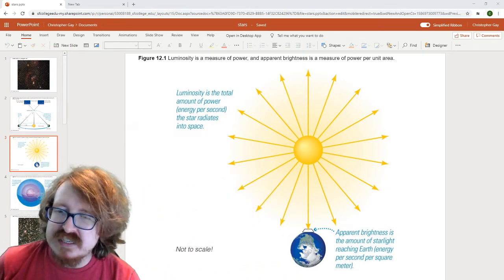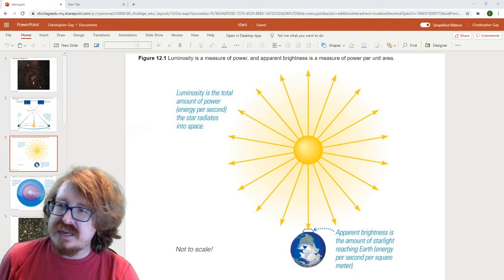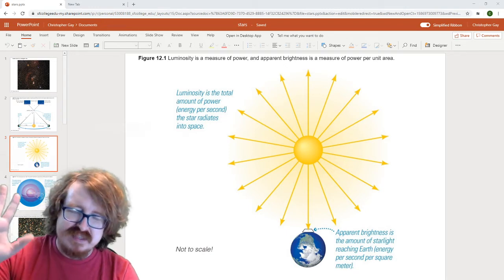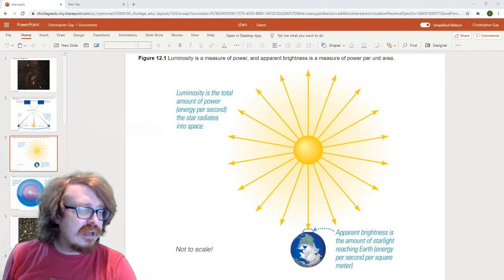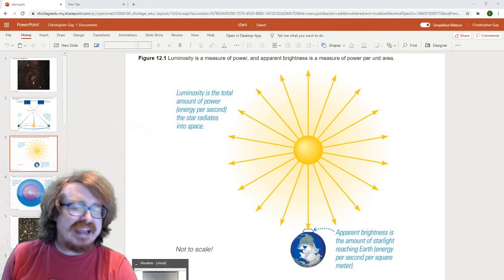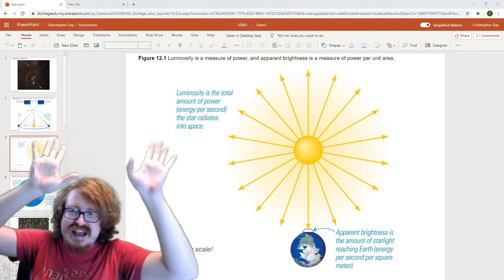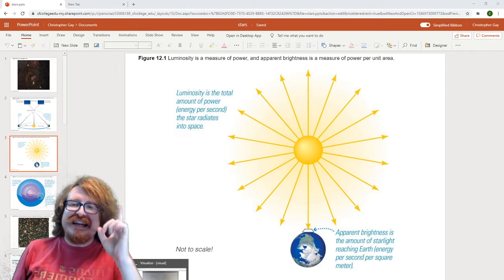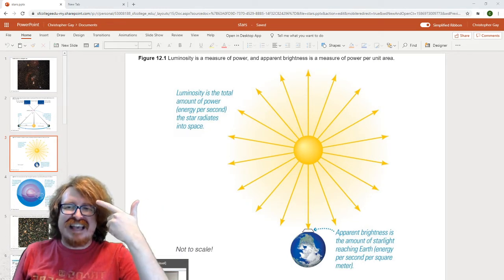So how do we distinguish all of this? Essentially, we need to make a distinguishment between, is that a word? Whatever. It's a word now. We need to distinguish between the light going out in all directions and the light that's hitting us.